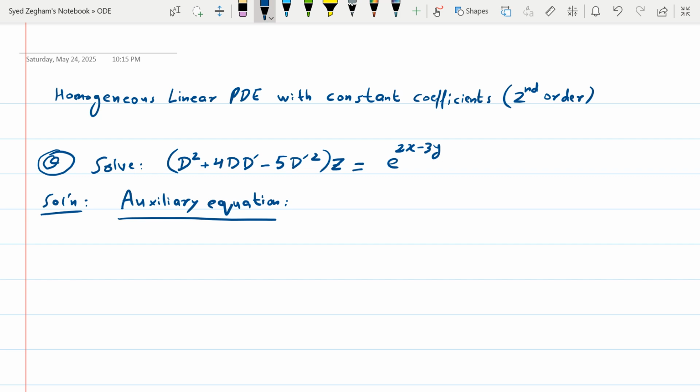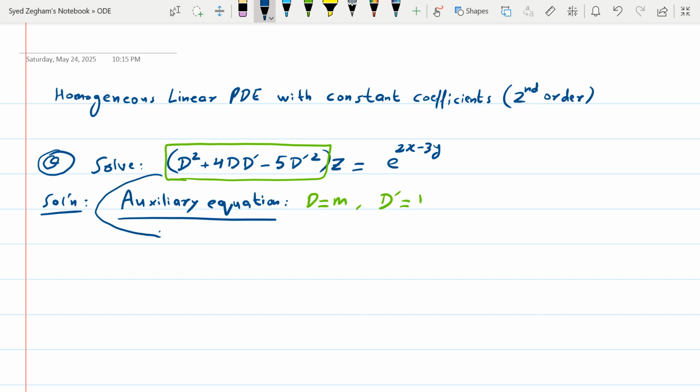Same way, we will start here also with the auxiliary equation. Now, the auxiliary equation we will find using the part which is inside the bracket. We will put D is equal to m and we will put D prime is equal to 1.